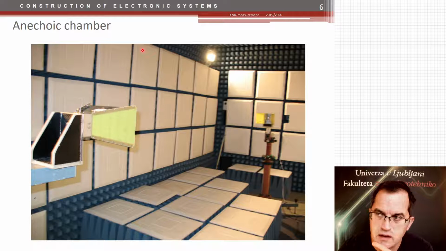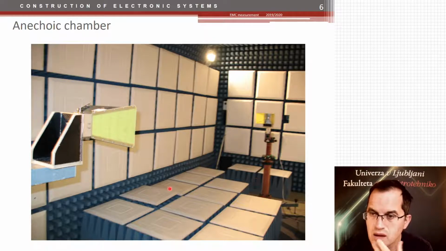These walls are made of metallic walls, which are then covered with tiles, and these tiles are made from ferrite material. So these walls are very good shielding against external noise which comes from all the communication systems and other electronics. So inside we only have the noise coming from the device under test.